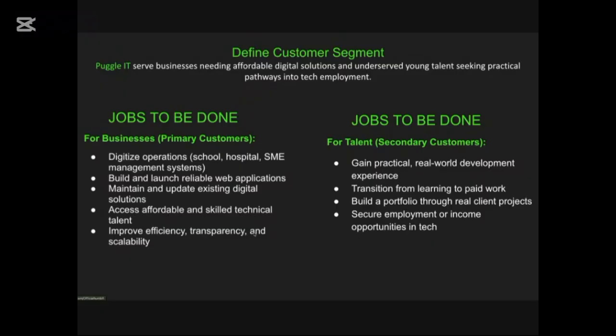We will improve the efficiency transparently, and also will have a scalable system to allow them move, not just one-time transitioning, which is hard because it becomes expensive. But if we can improve one aspect of their job, cut it down, then they can build on it. Just like the way the world is now, AI is coming, but Nigeria has not even built infrastructure.